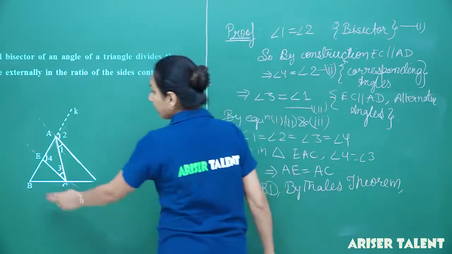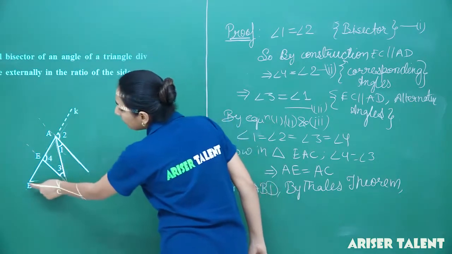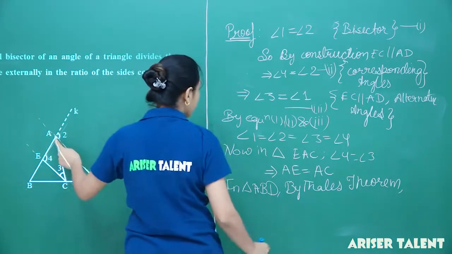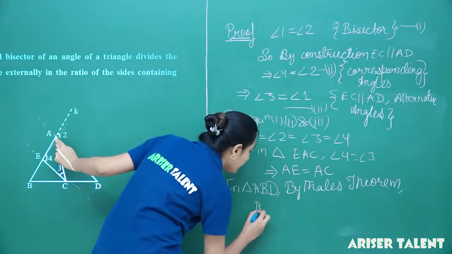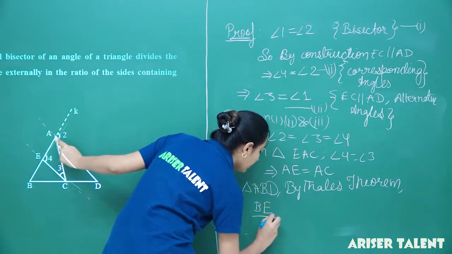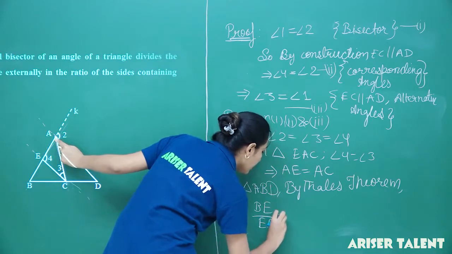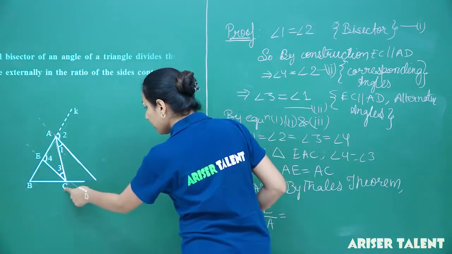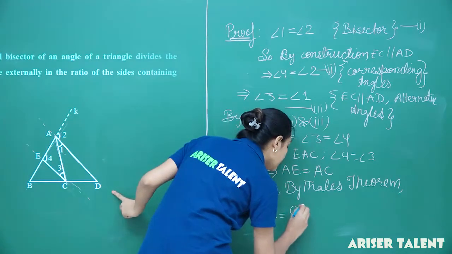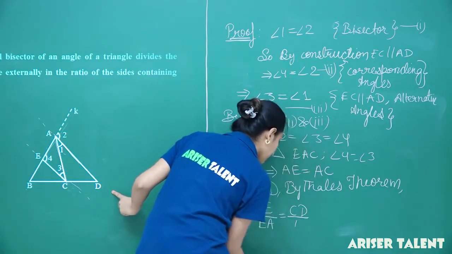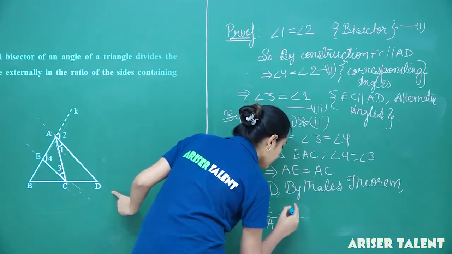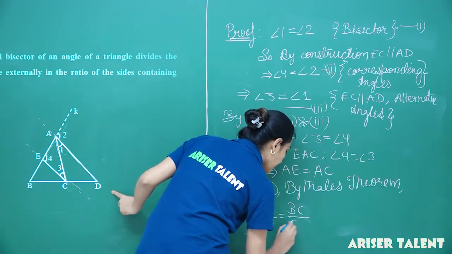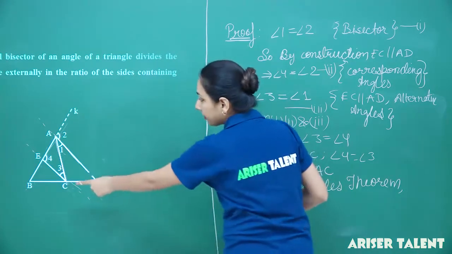what we can say is that in this triangle, BE by EA is equal to BC by CD. Have we written it right?